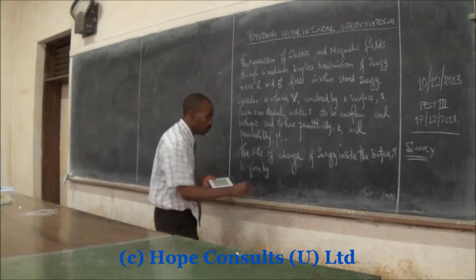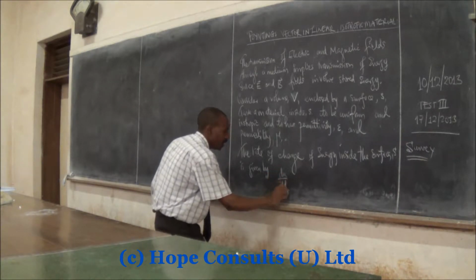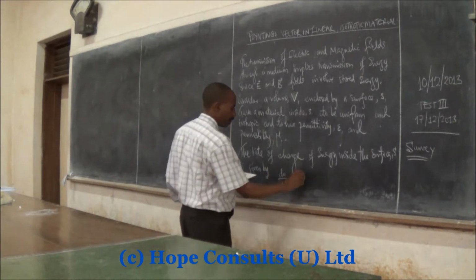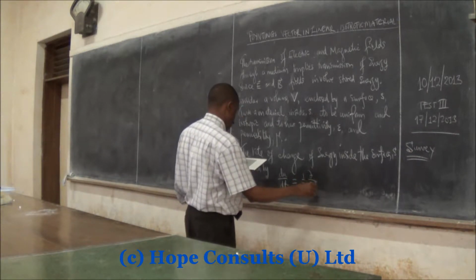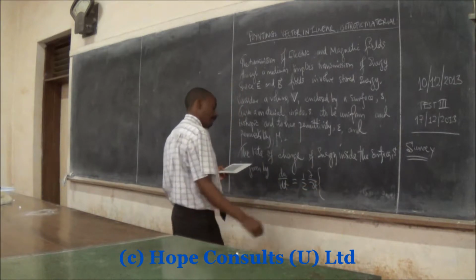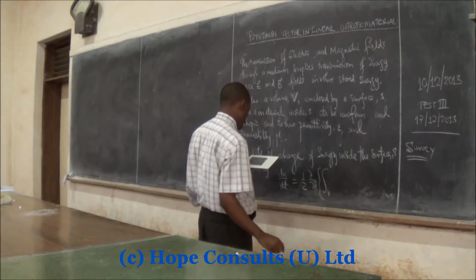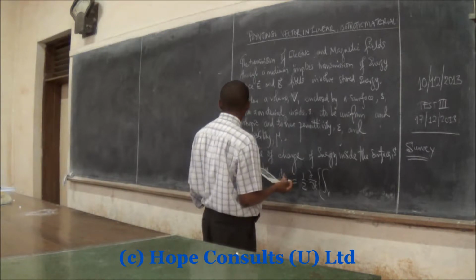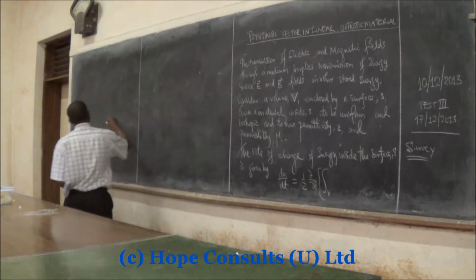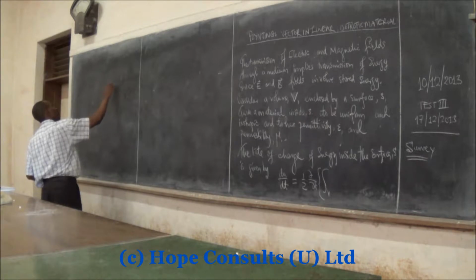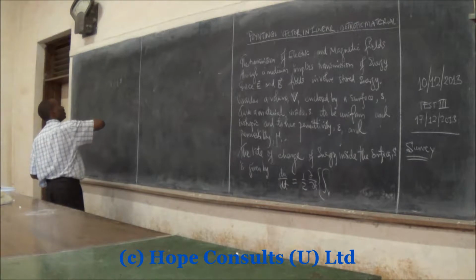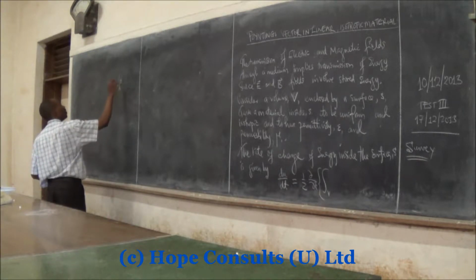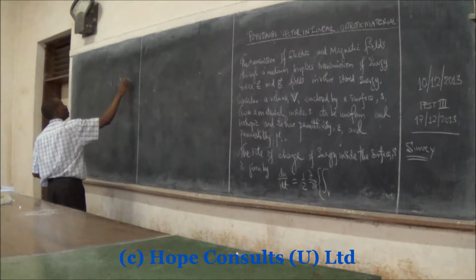We would have it as dU/dt, which is d/dt of the integral over the volume V of the energy density, times d tau.